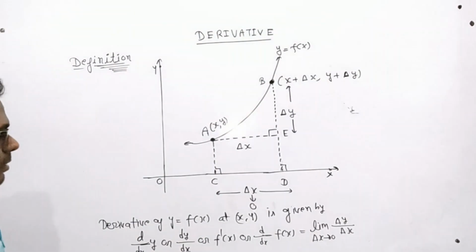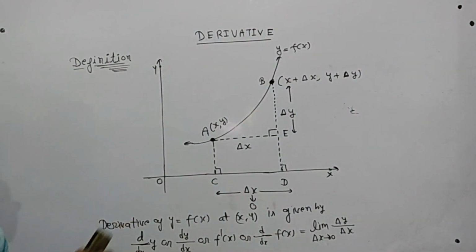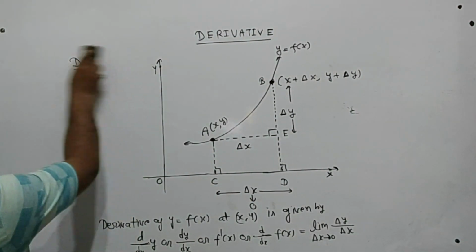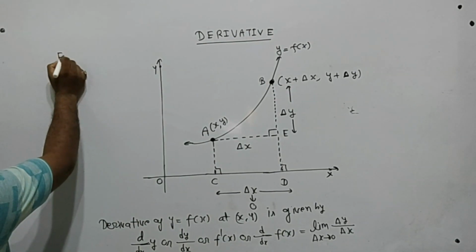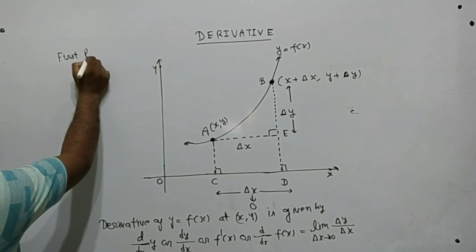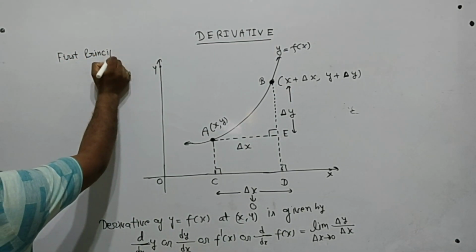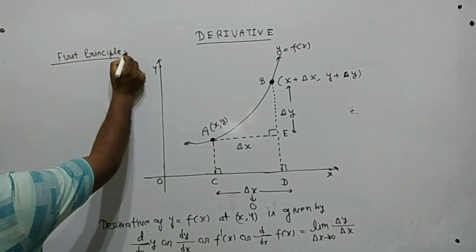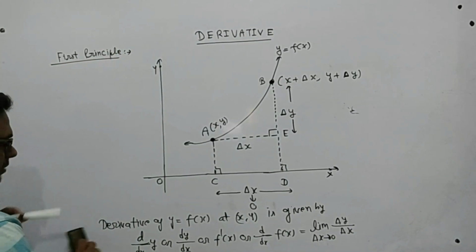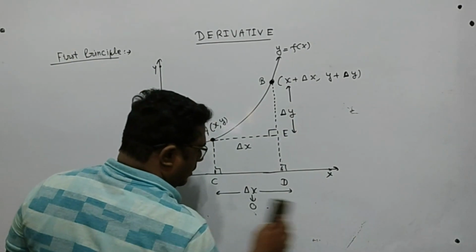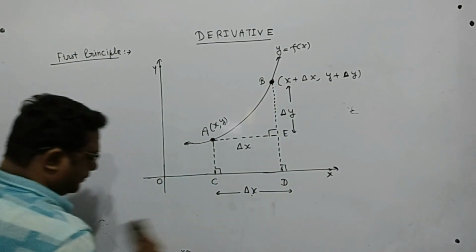Now let us come to the next topic, which is first principle. To understand the first principle of derivative, I will use this figure again, but in a different way.